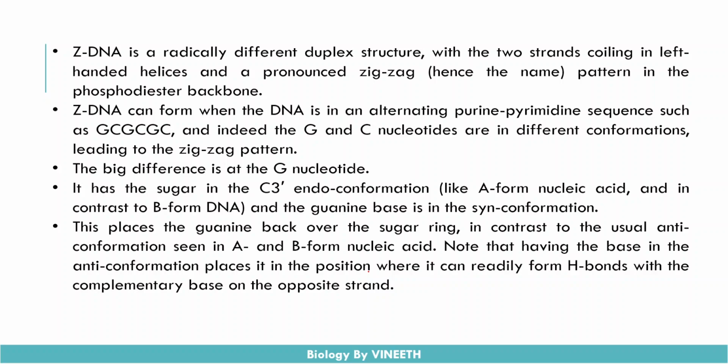In triplex DNA, three strands are combined, and in tetraplex, four strands are combined. These are very rich in guanine nucleotides. Z DNA is also rich in guanine nucleotides, and in Z DNA the sugar is in the C3 endo conformation. I'll tell you about the endo and exo conformations.